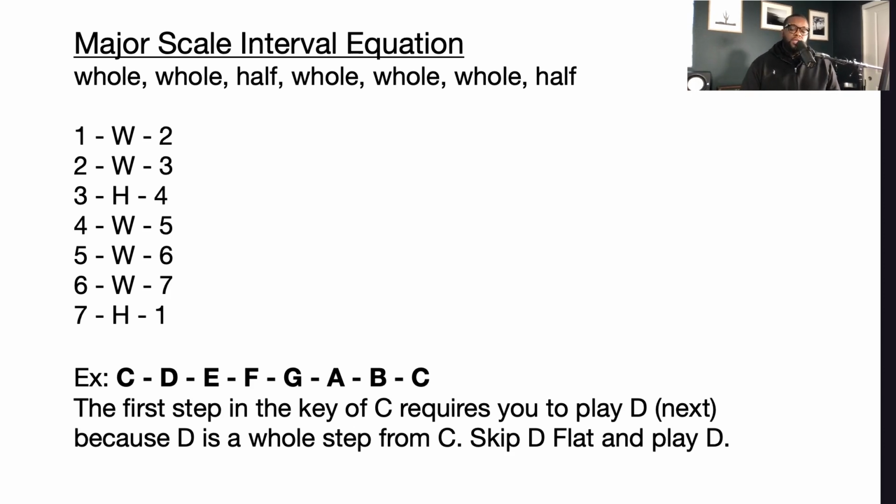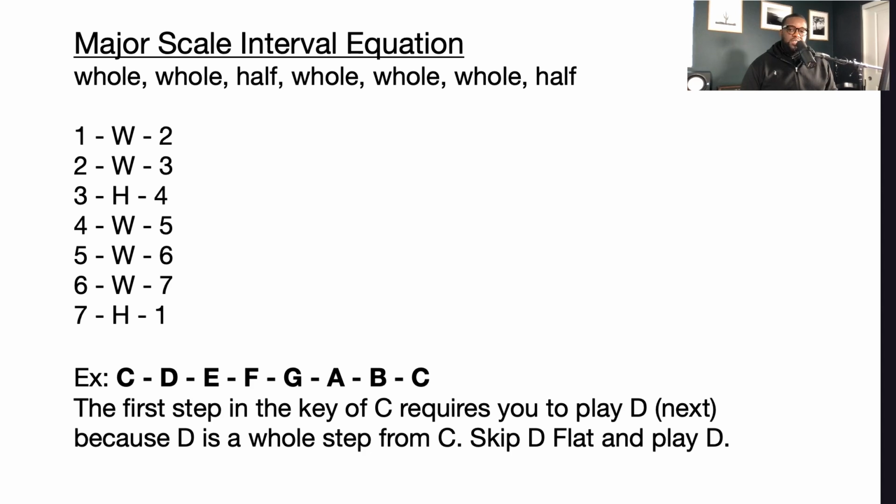So if I am on C, which is 1, if I want to go to the next note in the major scale, I have to go a whole step. So in the key of C, the whole step would be going from C to D, right? And then if I am on D, which is the second note in the major scale, the next note is a whole step.